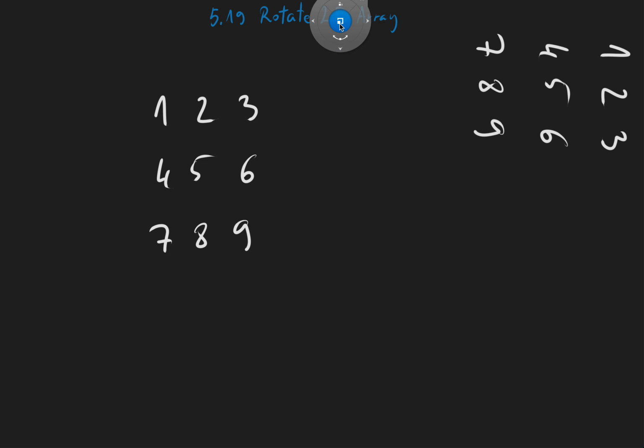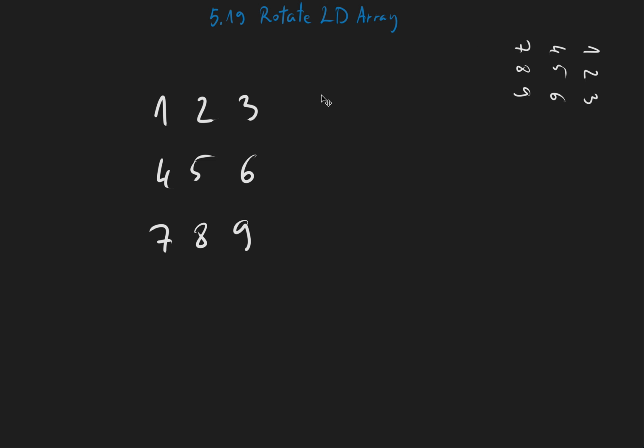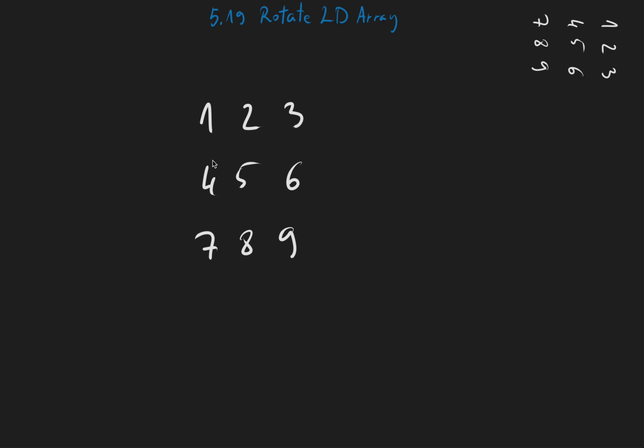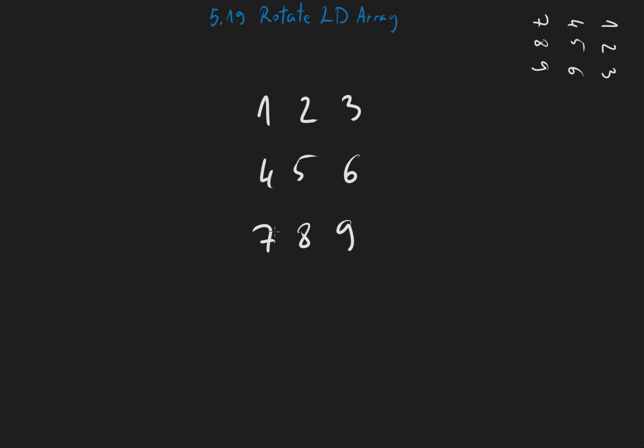Okay. So let's make this smaller just for reference. And let's take a look at this square. We are actually rotating a square here. What we can notice is that we have corners. So we have 4 corners.